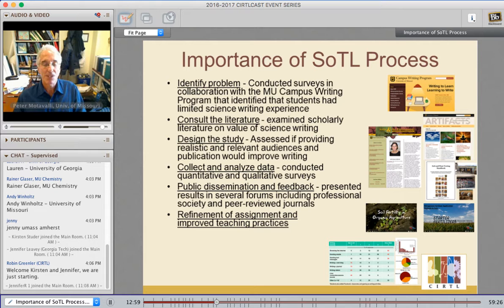Based on all of that, you can refine your assignment and improve the effectiveness of your teaching practices. So this process, I'm very firmly convinced, is an important one, and it really helps to develop an improved writing assignment.